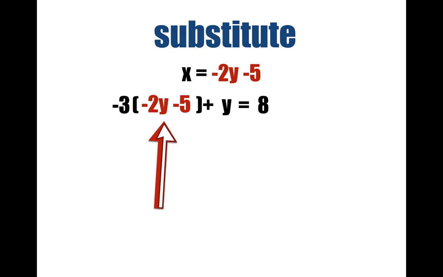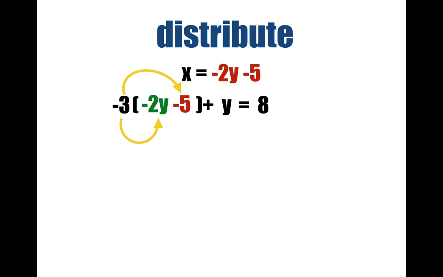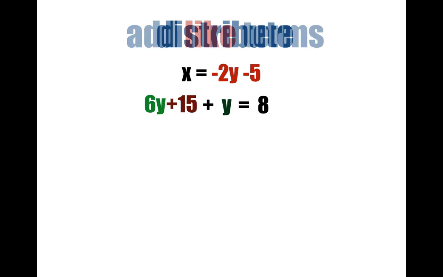You'll notice also that by eliminating my x, I have now reduced my equation from two variables to one variable, which is what I want. So I'm going to distribute. Negative 3 times negative 2y is positive 6y, and then negative 3 times negative 5 is plus 15.